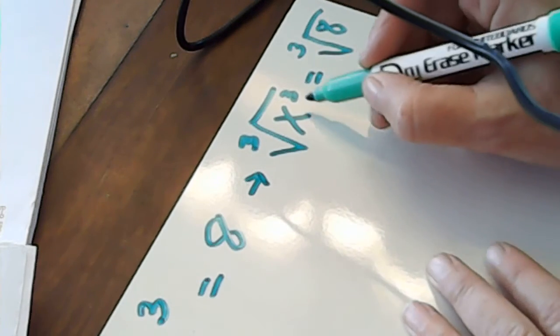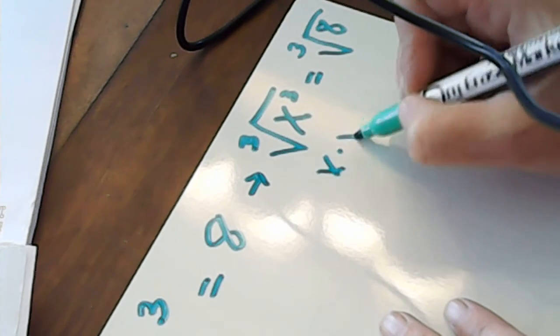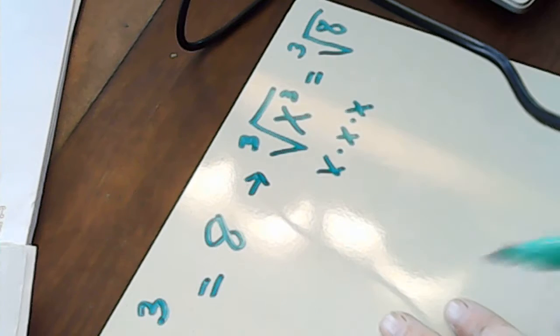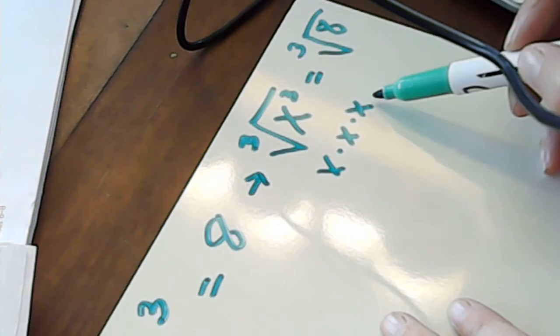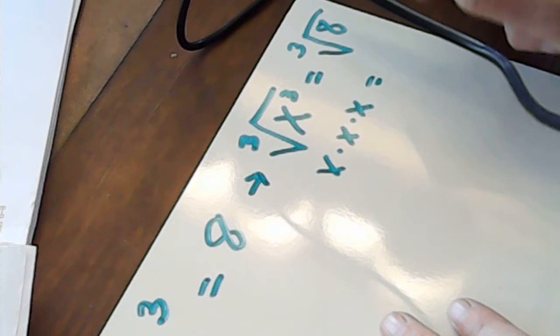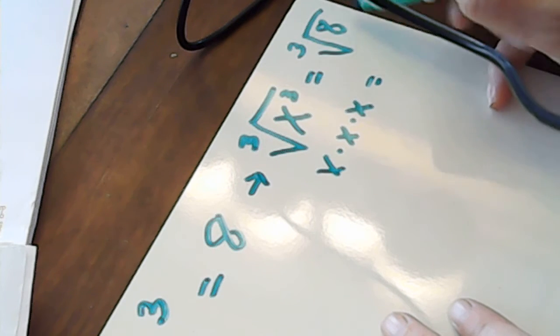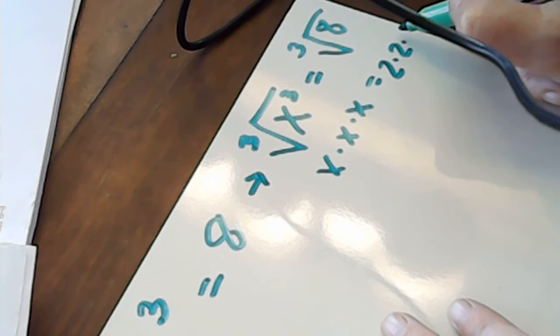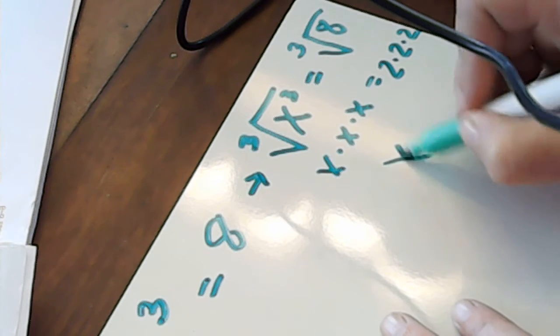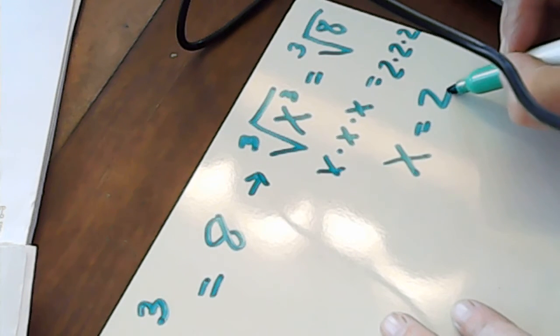And when I do, I know that x to the third power, cubed, is x times x times x. And I know that the cube root of 8 is 2 times 2 times 2, and therefore x equals 2.